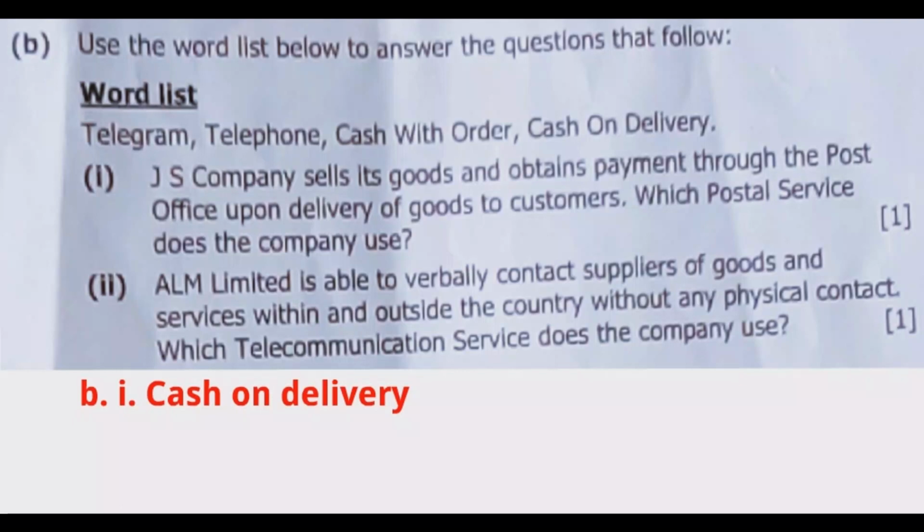Question 2B is as follows. ALM Limited is able to verbally contact suppliers of goods and services within and outside the country without any physical contact. Which telecommunication service does the company use?